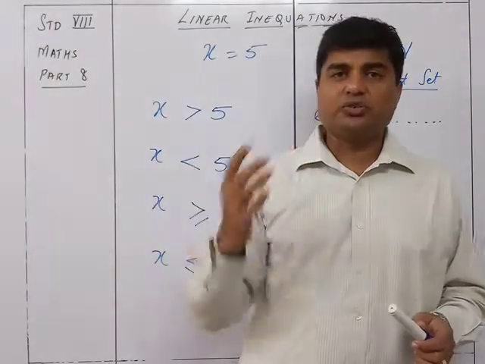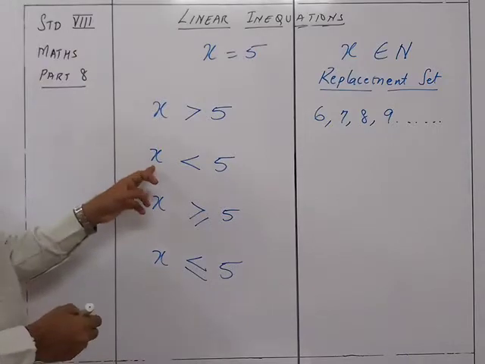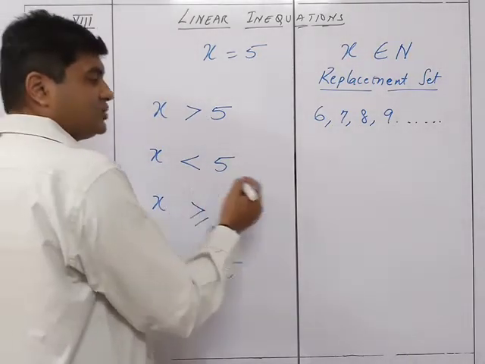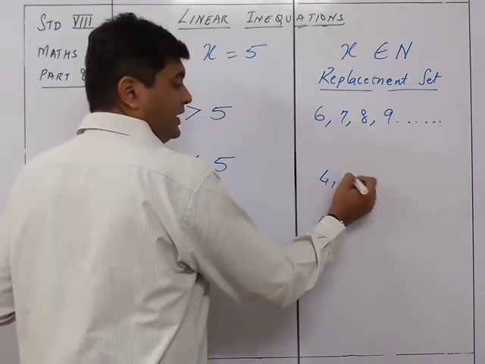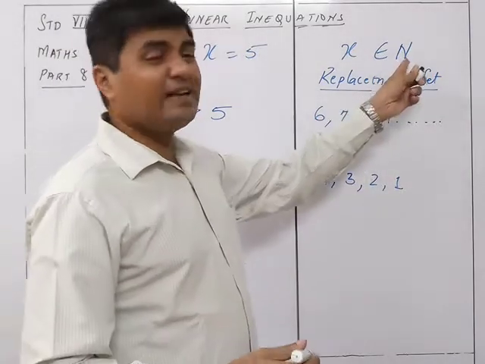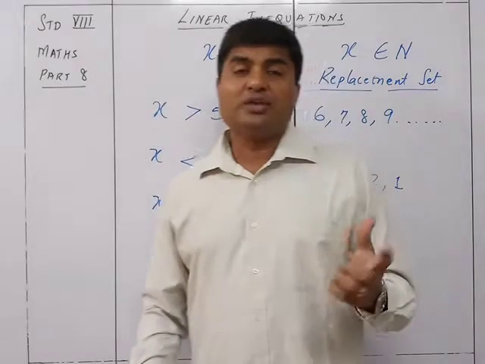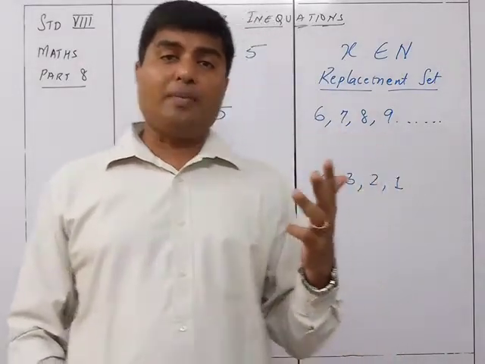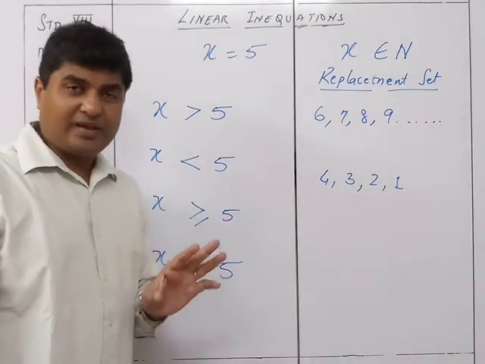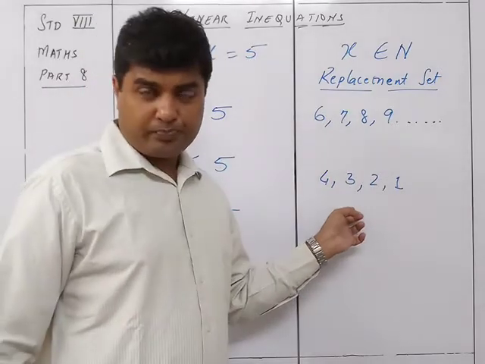If I take x is less than 5, that means obviously the answers will be 4, 3, 2 and 1. It cannot be 0 because it's a natural number, and natural numbers start from 1. So the answer will be only 4, 3, 2 and 1 because the value of x is less than 5.